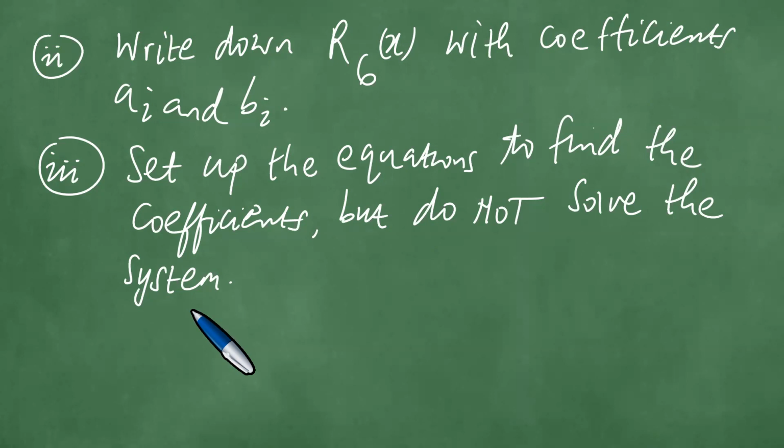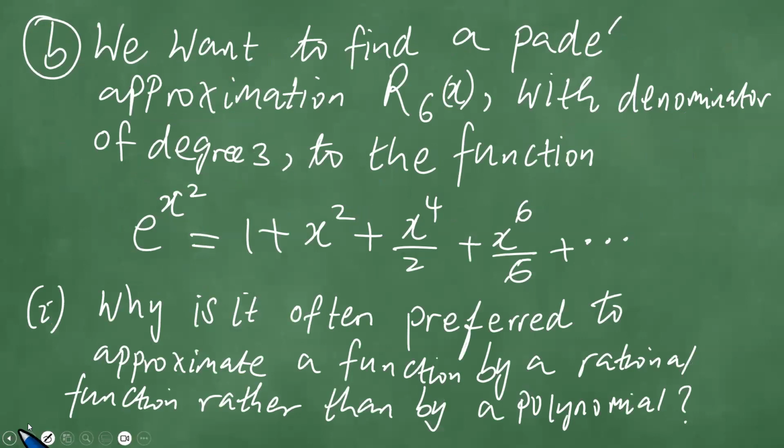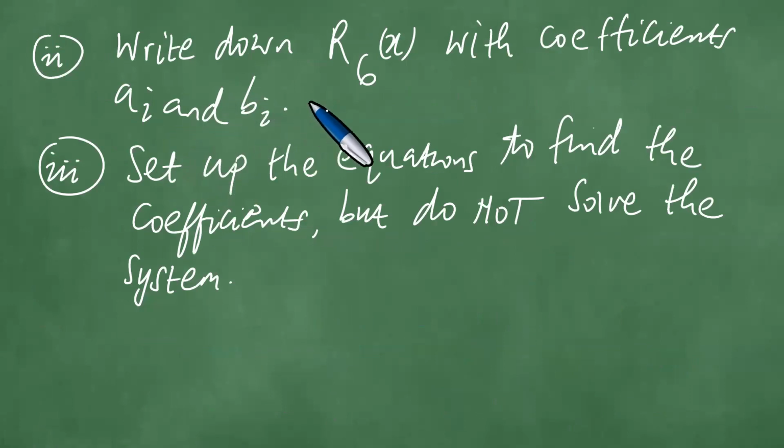Right. Okay, we continue. We're just explaining the first part: why is it often preferred to approximate a function by rational function rather than a polynomial? We have elaborated on that one. And write down R6 of X with coefficients AI and BI. So we just need to write a general thing.